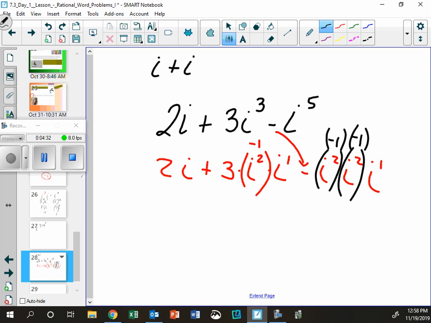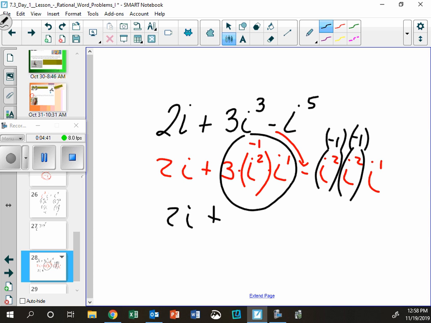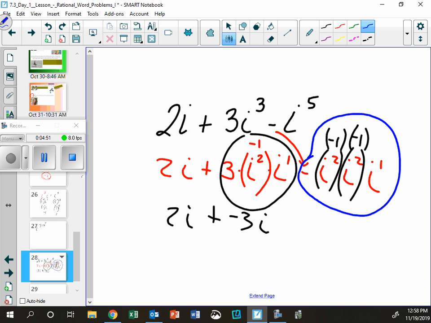Okay. All right, so I'm going to clean this up now. 2i is still just 2i plus, what's that? -3i. And what's this part? Careful with all those negatives. There's 3 negatives, so it's -i.